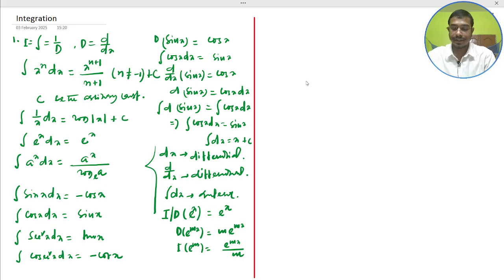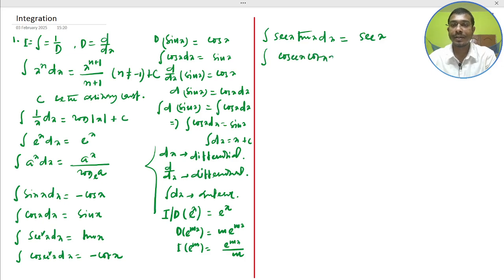Next, integration of sec x tan x dx is sec x. And integration of cosec x cot x dx is minus cosec x.